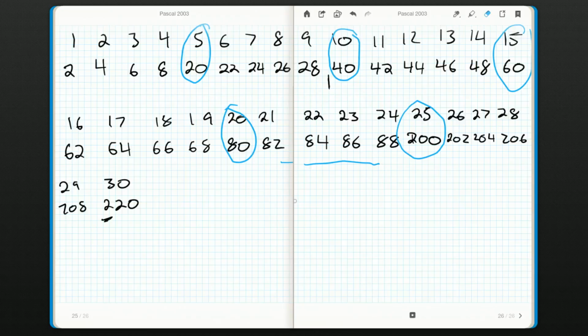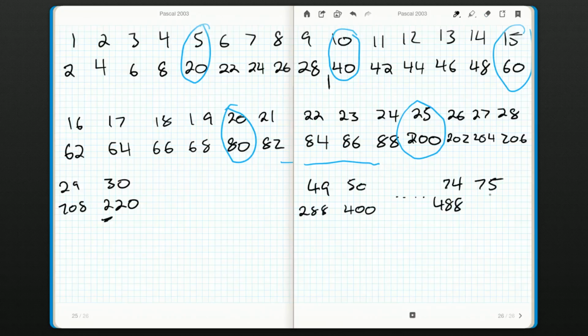Okay, so by that reasoning, 49 should be 288. 50 should be 400. And it'll keep going, and we do the same thing. We get up to 74 will be 488.